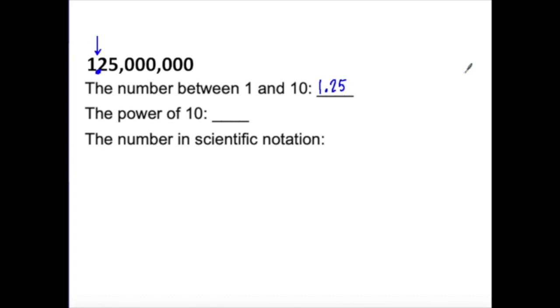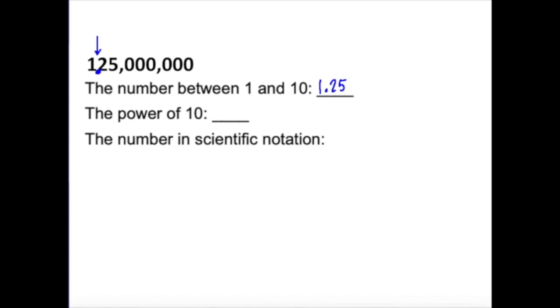So let's really quickly take a look and make sure we understand why it has to be in this spot. If I put the decimal here, I would have 12.5, and that is a number that's greater than 10. So I need to make sure that I get it all the way over so that the number is less than 10.